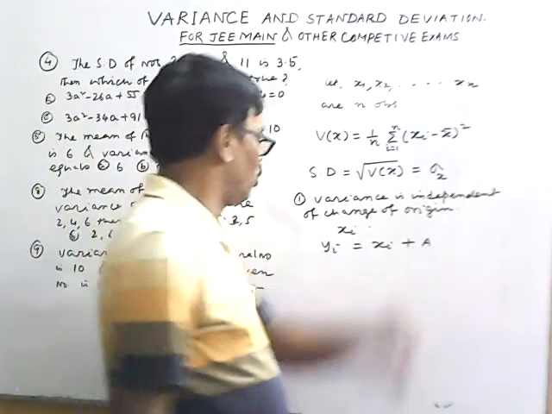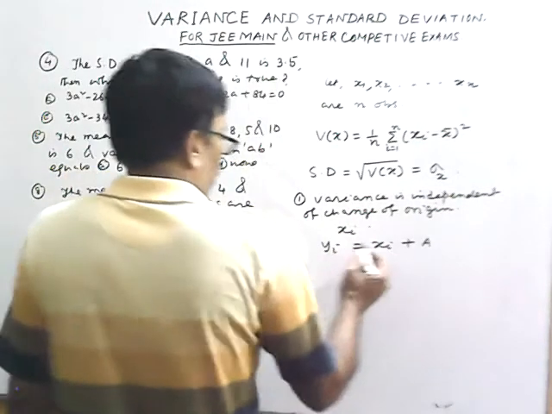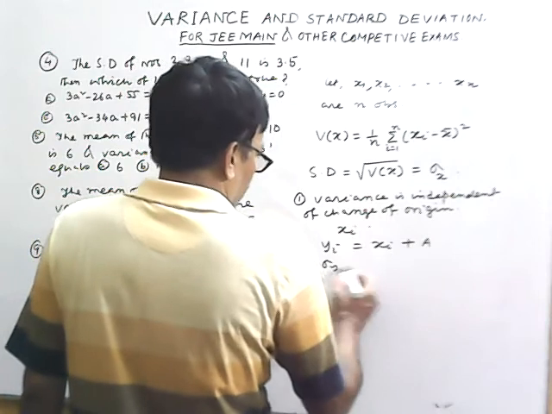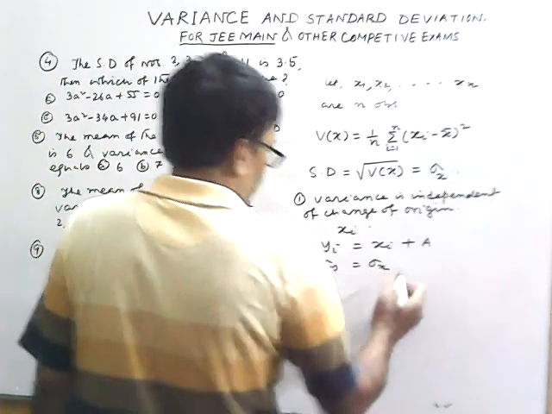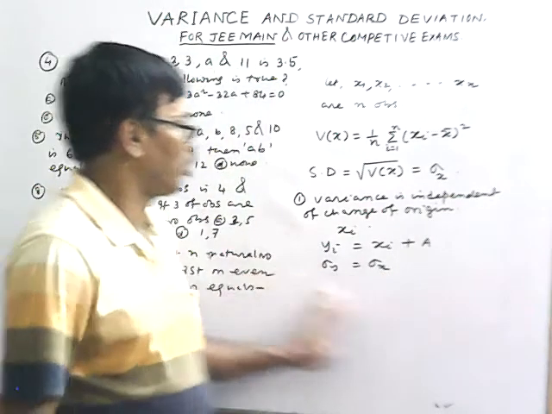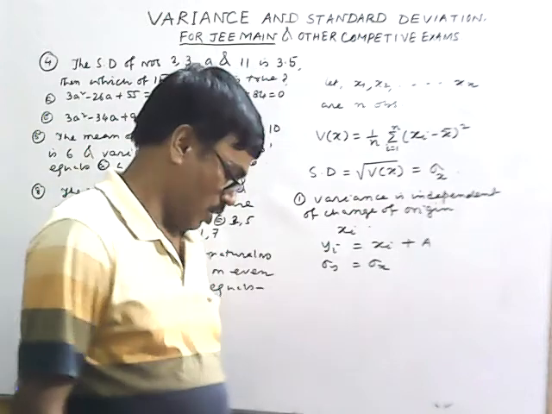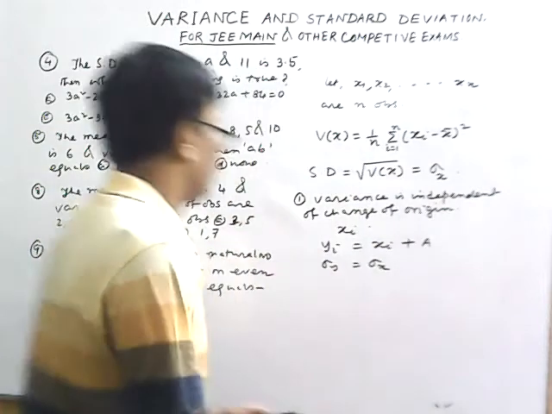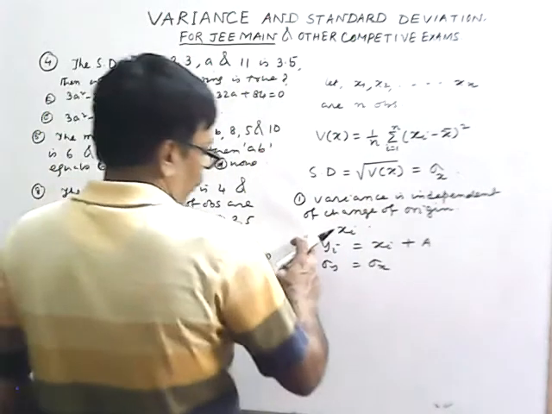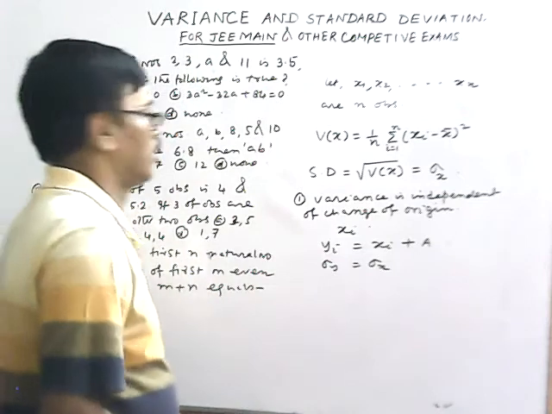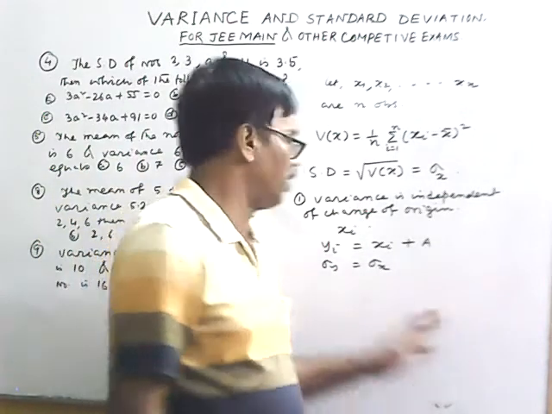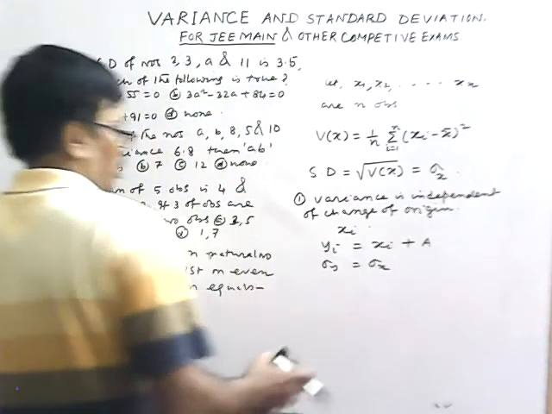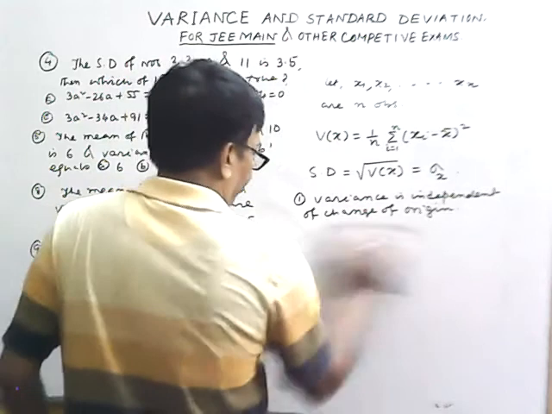Here a is called the origin. Then sigma y equals sigma x. It is independent of origin. So if we change the origin, then the standard deviation does not change, and neither does the variance.